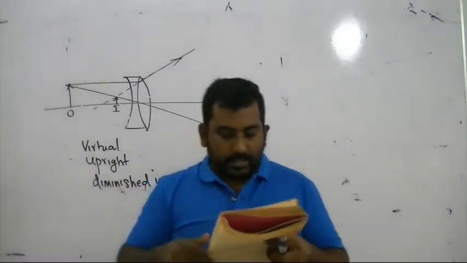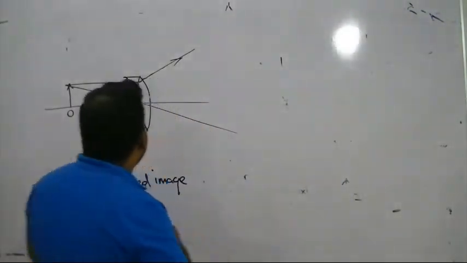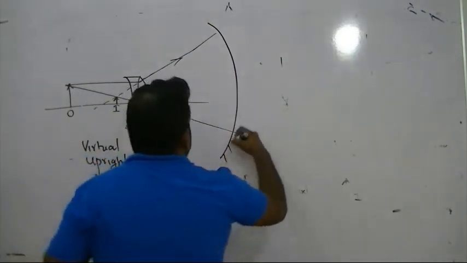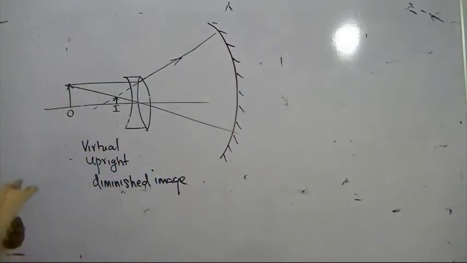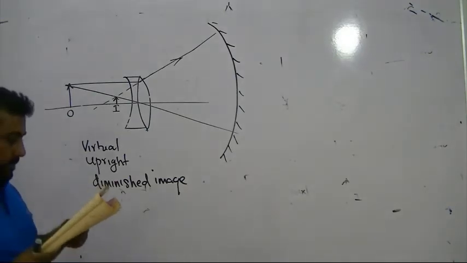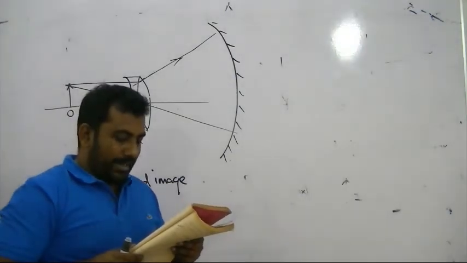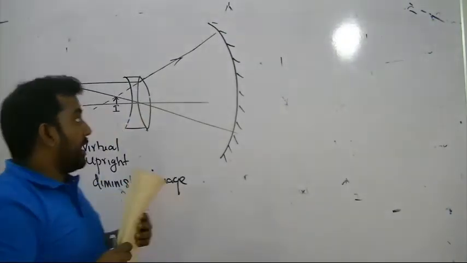Right. So a concave mirror is placed behind the lens combination as mentioned. Above, a real image is found to appear at the same location of the object.